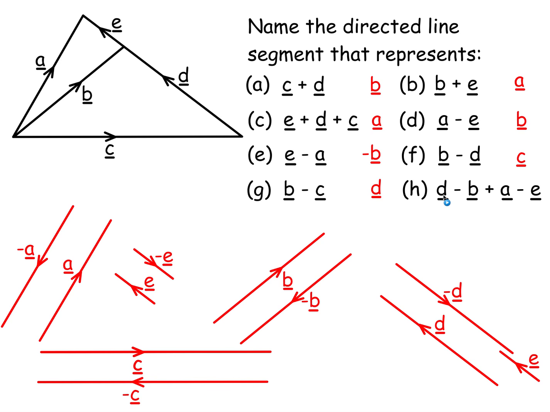And this says D minus B plus A minus E. So you just put these on the diagram, D, B with the arrow reversed, A, and E with the arrow reversed. So there they are there. There's A, and there's D, but B and E had the arrow reversed. Now, you look for a journey, it starts here, goes up, down here, up here, and down again.